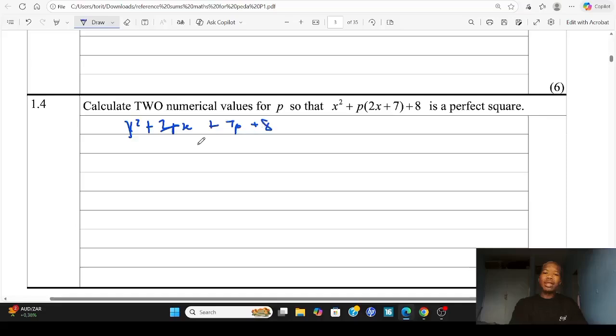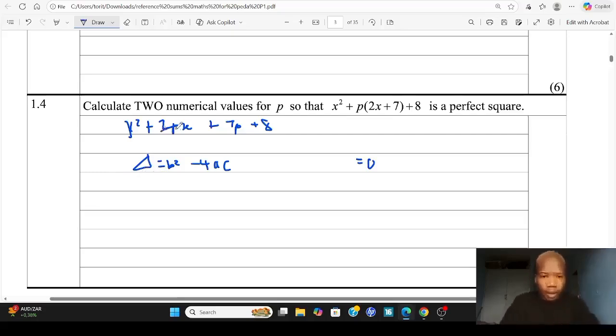So we know that the condition for a perfect square is that b squared minus 4ac, the discriminant, has to be equal to 0, right? So we substitute.